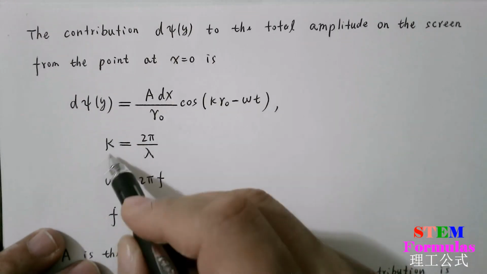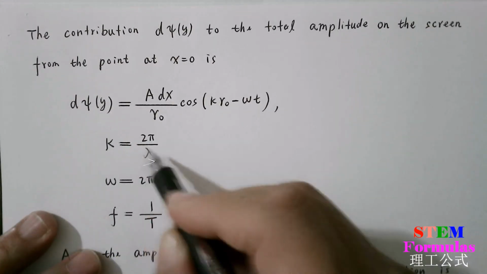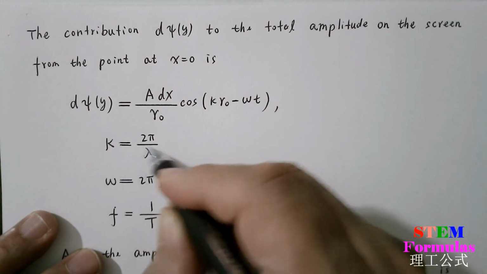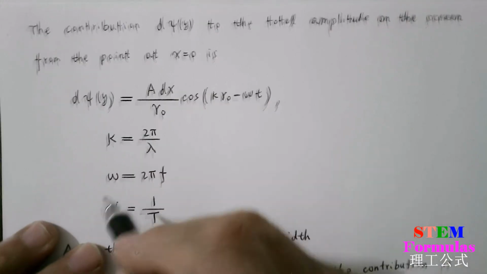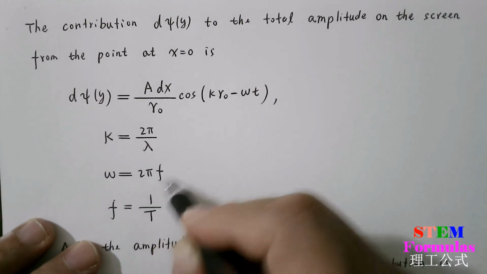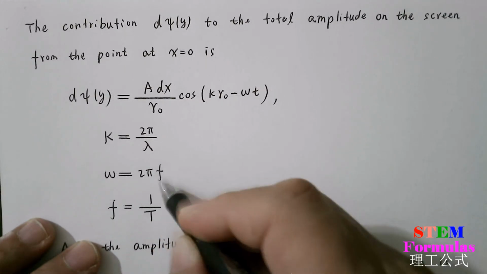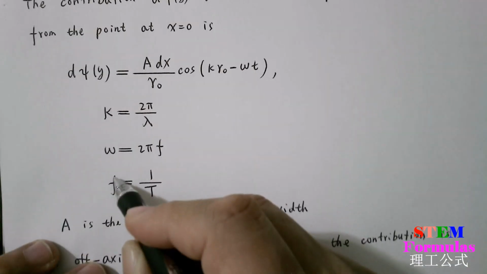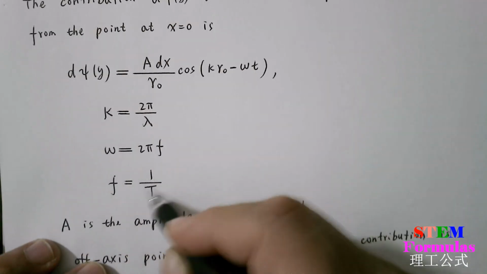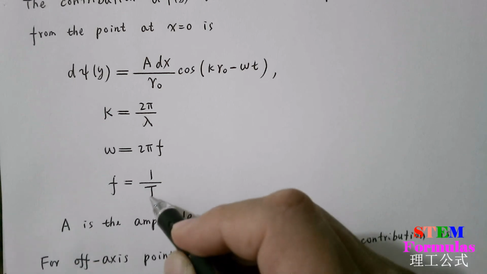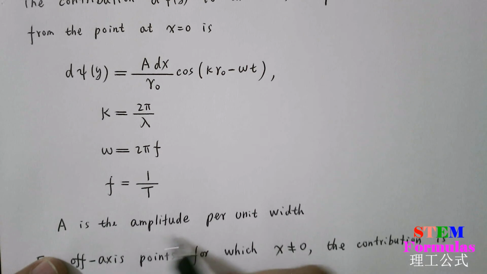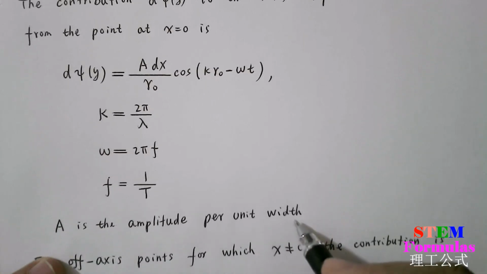And k is the wave number equal 2 pi divided by lambda, and lambda is the wavelength, and omega equal 2 pi f, and f is the frequency, and frequency equal 1 over period T, and a is the amplitude per unit width.